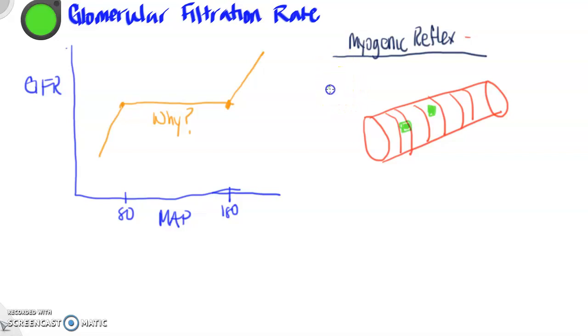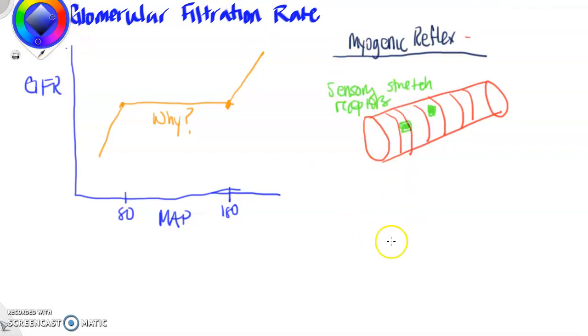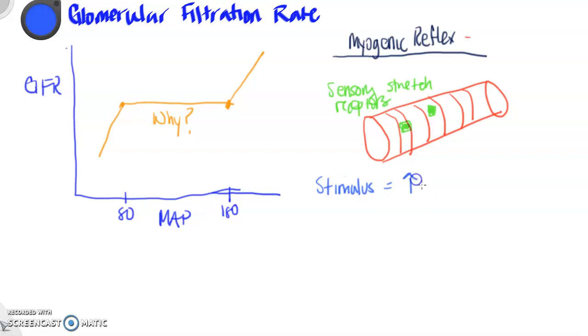Those sensory stretch receptors feel stretch. So if the stimulus is an increase in blood pressure, that's going to make those sensory receptors stretch.